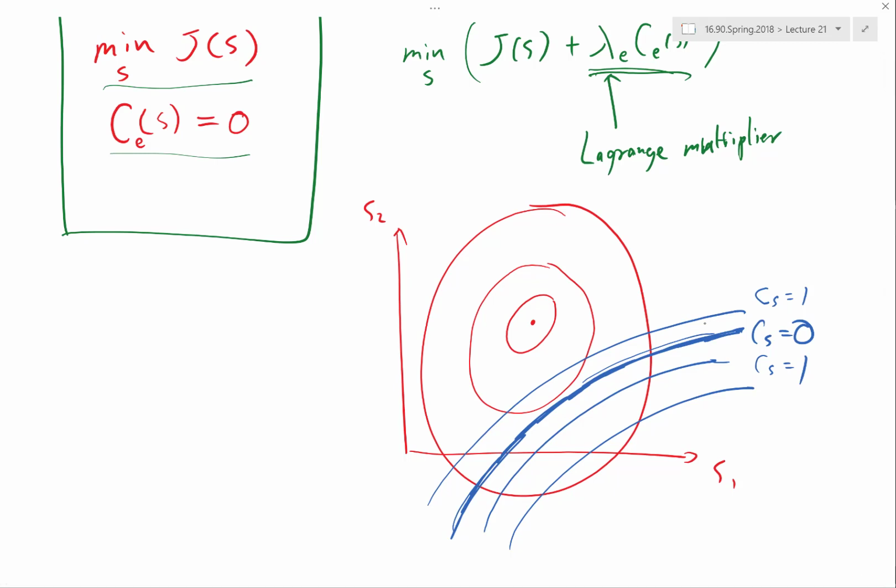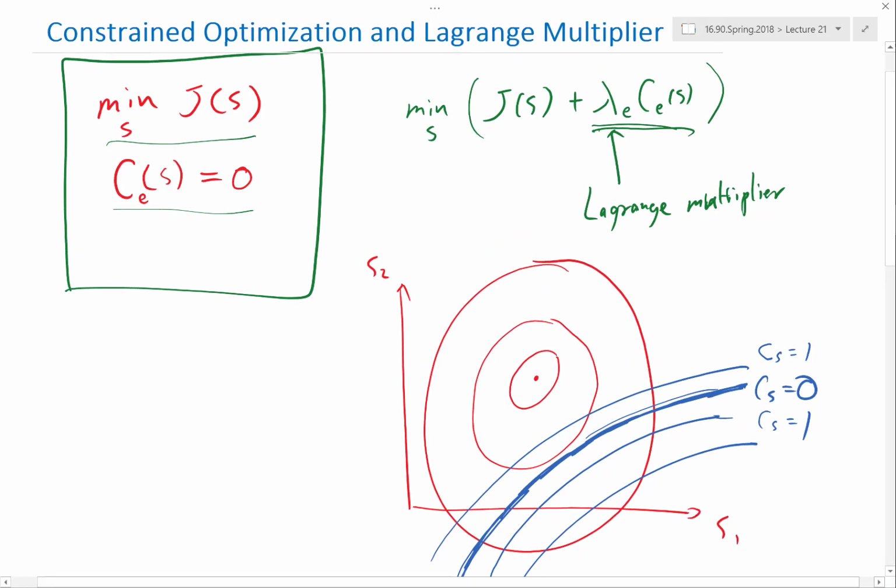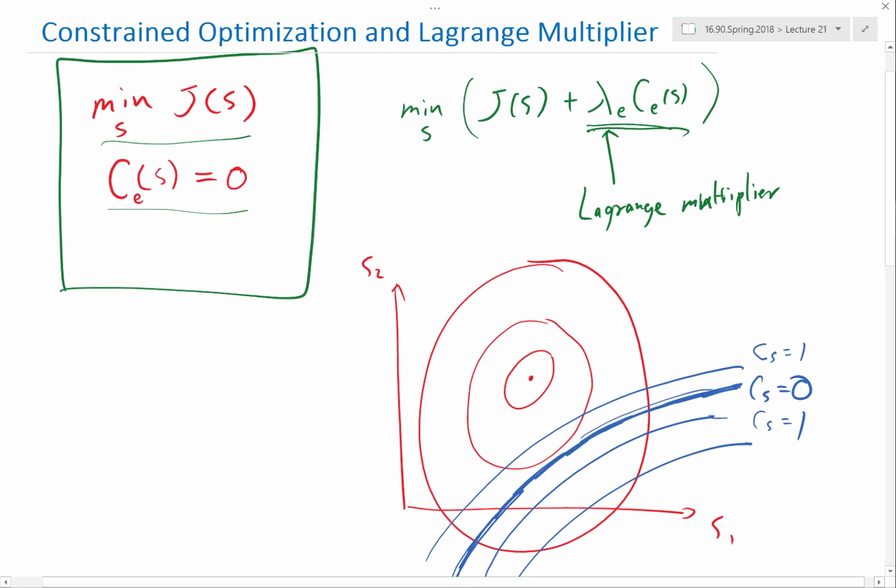So let's think about, in this case, how do I solve this constraint minimization problem? Along this contour of CS equal to 0, where do you think is the minimum of the red objective function?